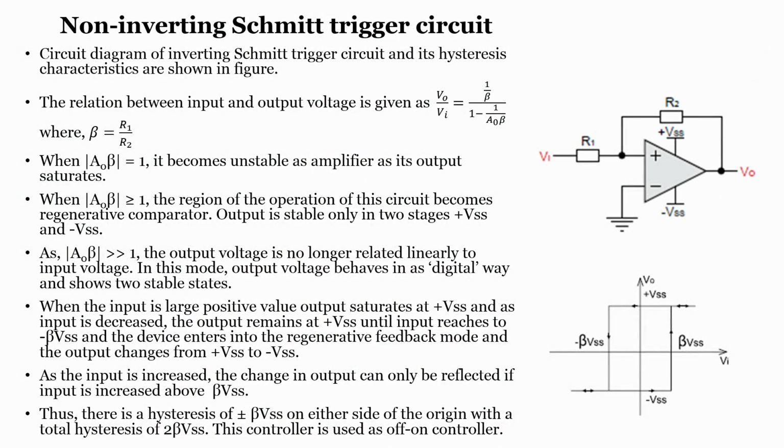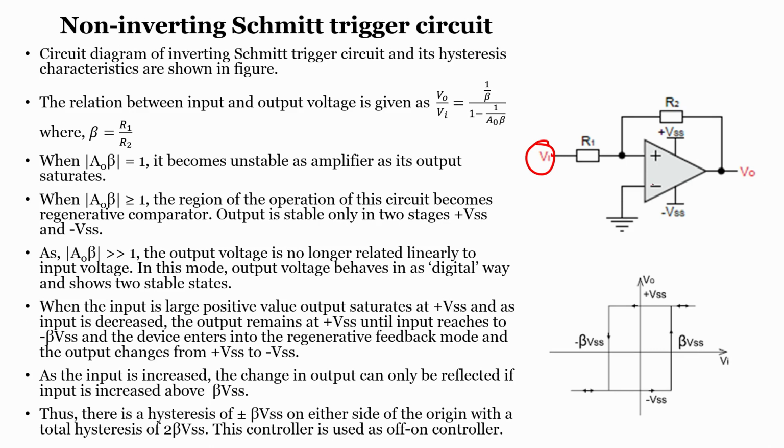As we have already seen, it is similar to what we have seen for the inverting type of Schmitt trigger too. Now, when we look into the non-inverting type Schmitt trigger circuit, we can see that the major difference is the connection. So, as we remember, in case of an inverting type, the input is connected to the negative terminal and this particular point was connected to ground, but in this case the input is given to the non-inverting terminal, that is why it is called non-inverting Schmitt trigger.